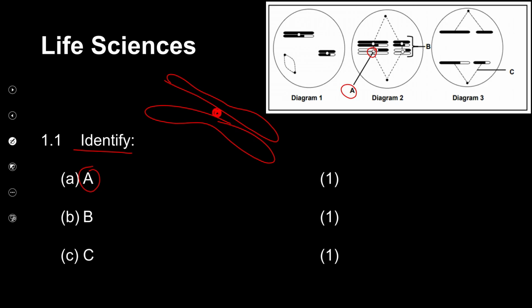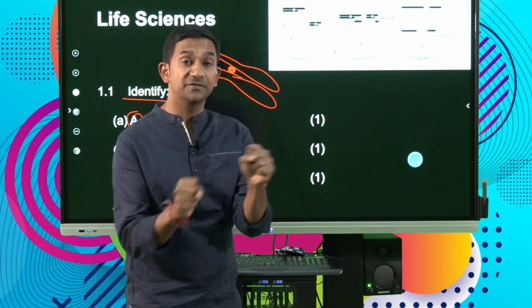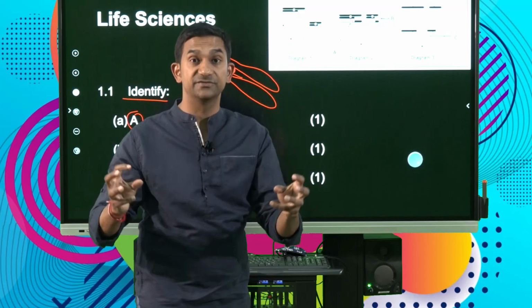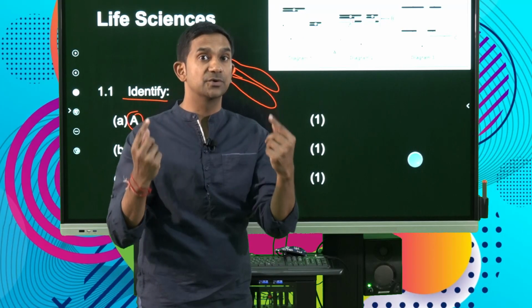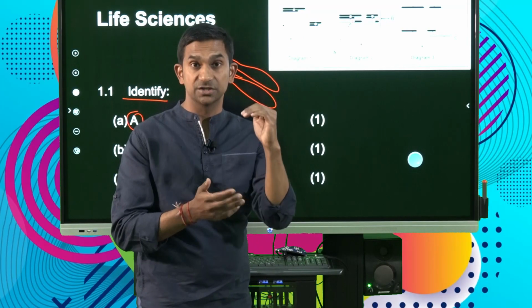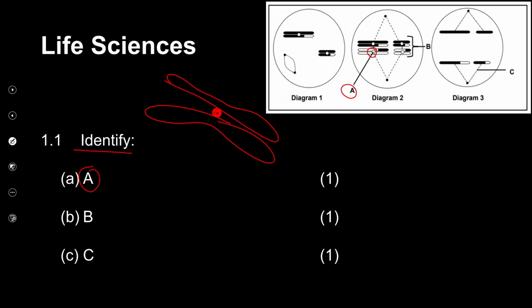So structure A is pointing to that which holds the chromatids together. After replication has taken place and copies of DNA have been wrapped around histone proteins to form condensed structures, they are held together by these structures which are called centromeres. So structure A is the centromere, and it's important that you're able to recognize that.